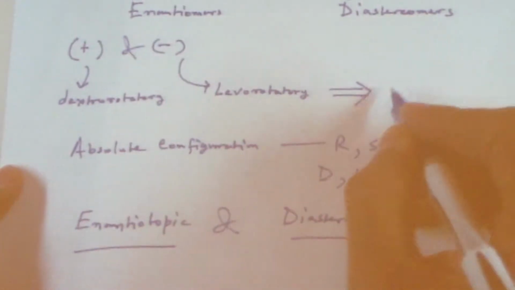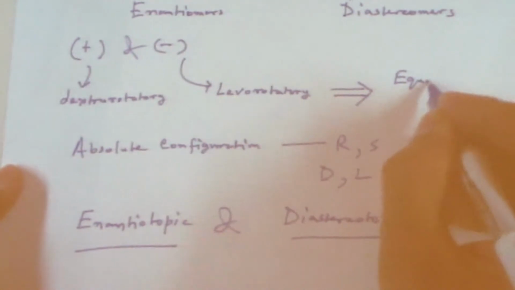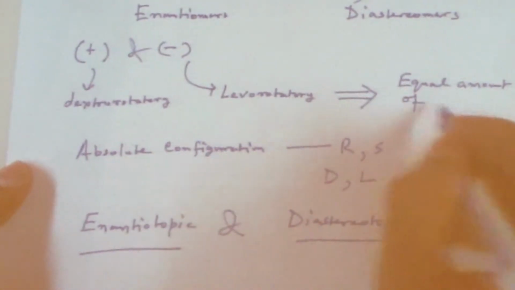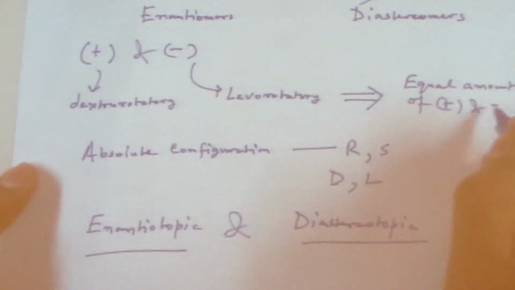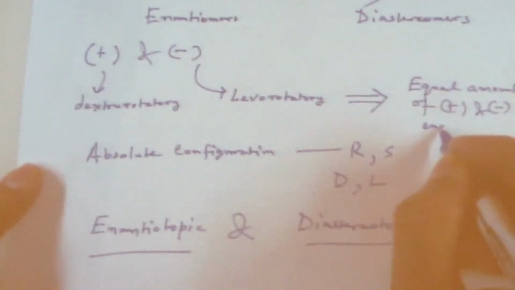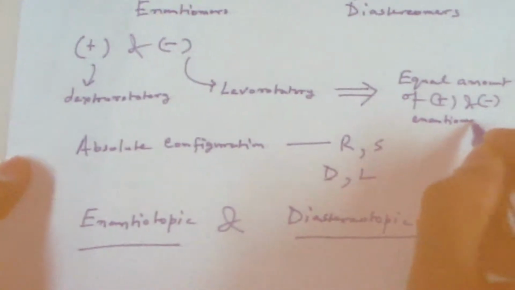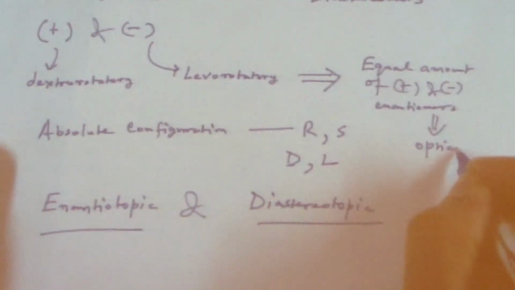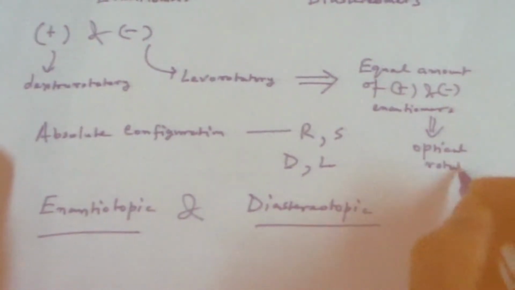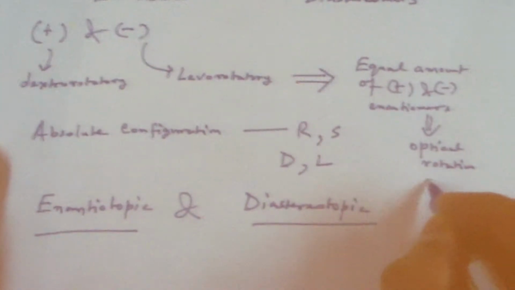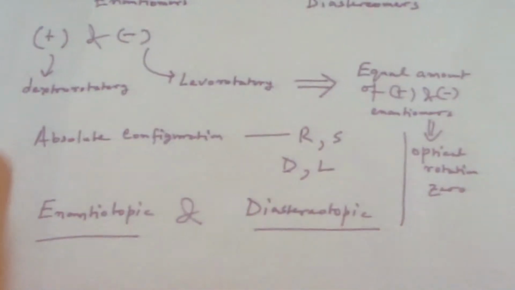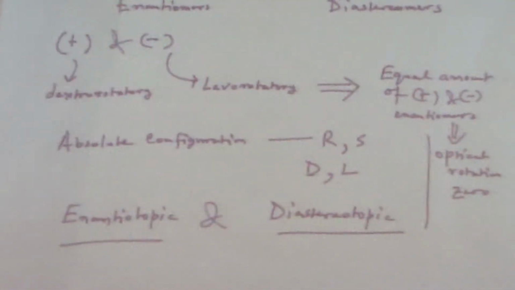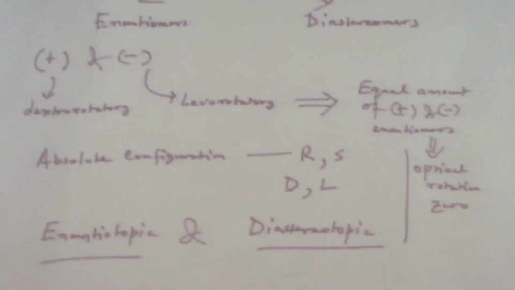So if you have equal amounts of plus and minus enantiomers, that gives you an optical rotation of 0. So this is therefore, even though they are individually chiral compounds, called a racemic mixture.